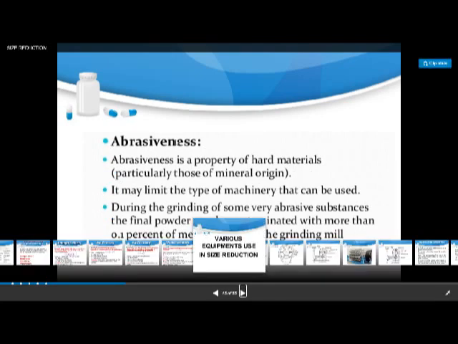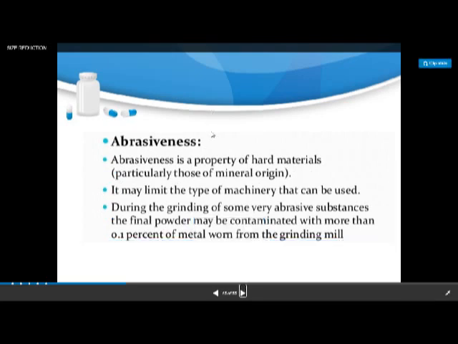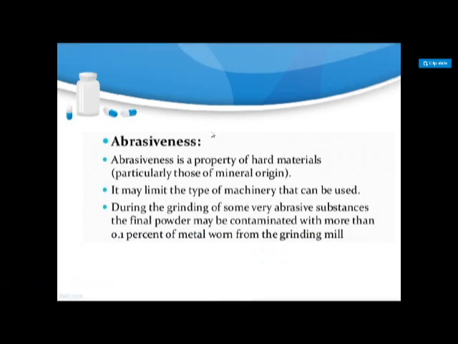Then abrasiveness. If the material is very abrasive and we use machines to reduce its size, that abrasive material rubs against the machine, and due to that abrasive property, the metal of the machine may get incorporated into the material.